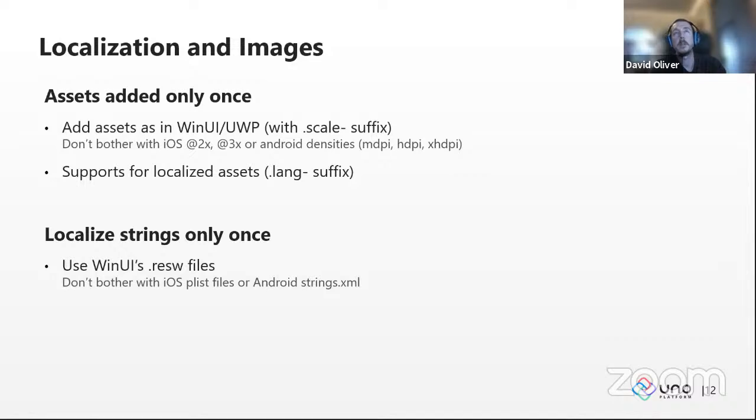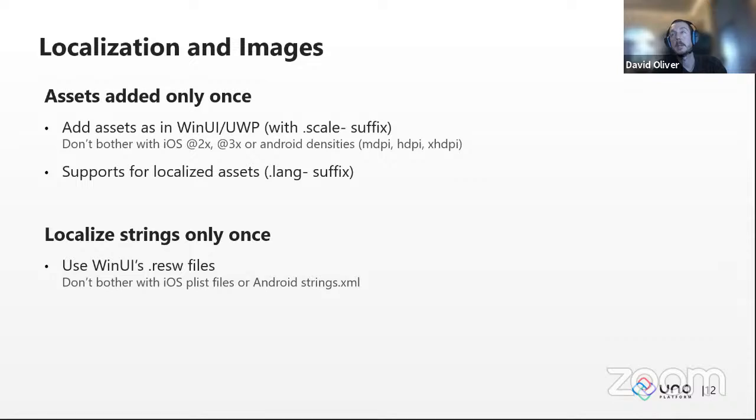You name them using the naming conventions from WinUI, and then Uno is smart enough to take those images and put them in the right place for each target platform and use the correct naming conventions for each platform. So if you have high density images for Windows, it will put them in the correct folder and name for high density images for Android and iOS and so on.